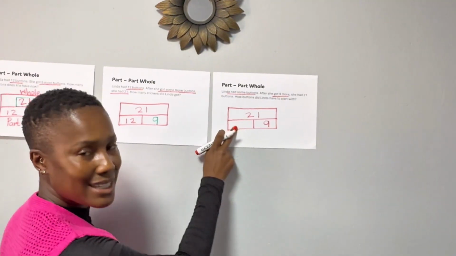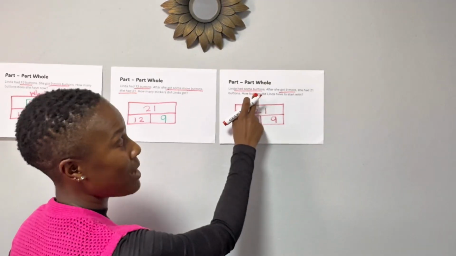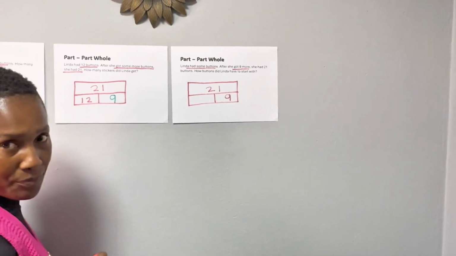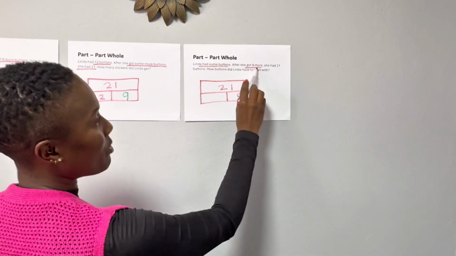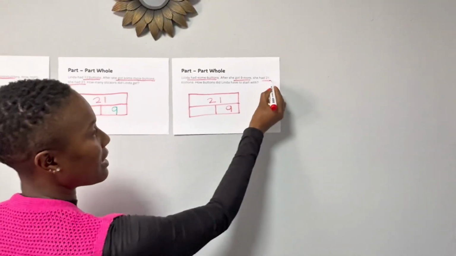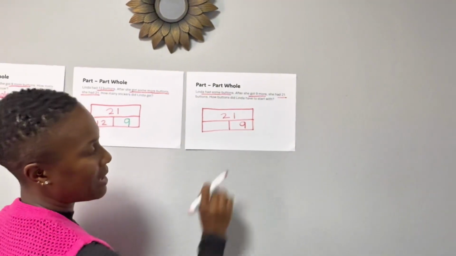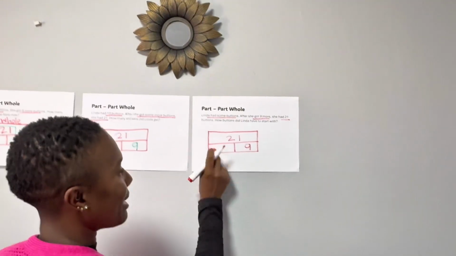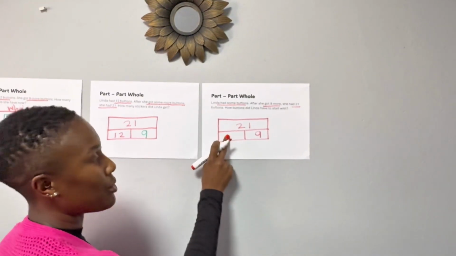However, the start is unknown. She had some buttons. What is our start now in this case? Because after she got 9 more, she had 21 buttons, which gives us the whole. We have the whole and we have the 9. Now, we need to figure out the start, that is unknown.